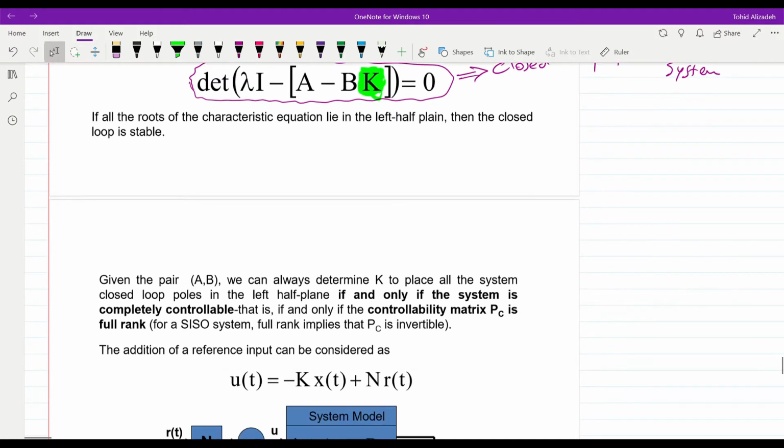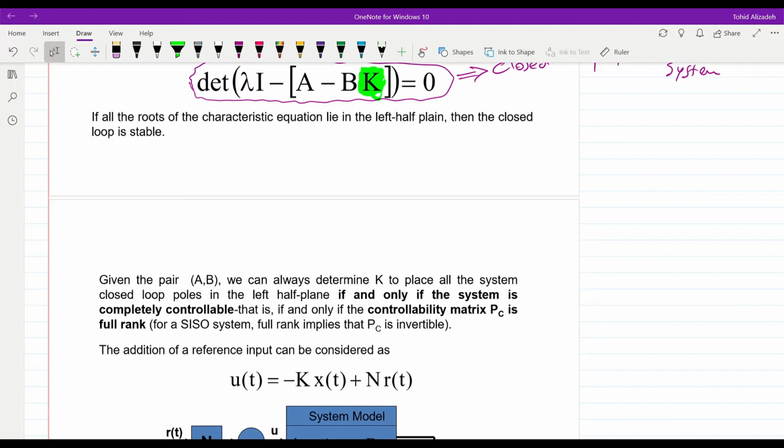But before going in that direction and determining how we find the value for k, we need to discuss the fact that we assume that all the states of the system are measurable. We have access to the states x, we measure them, and then we feed them back using the gain that is mentioned.